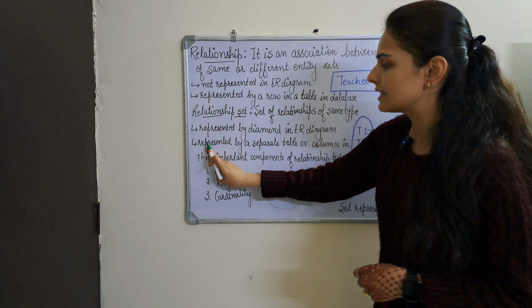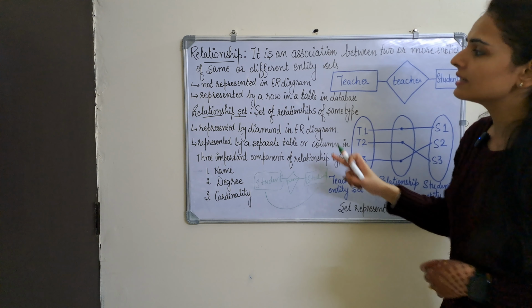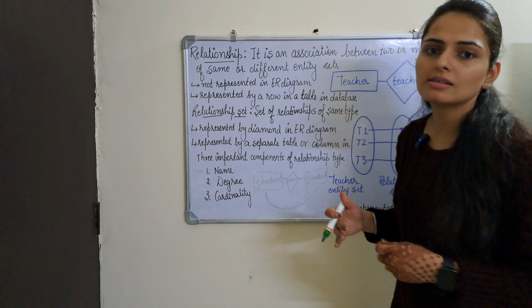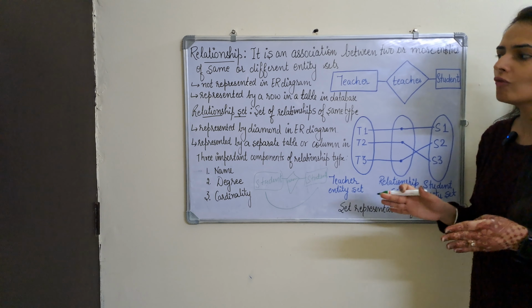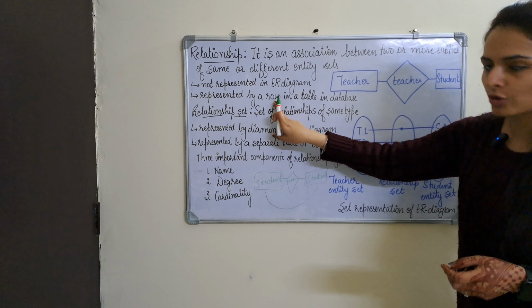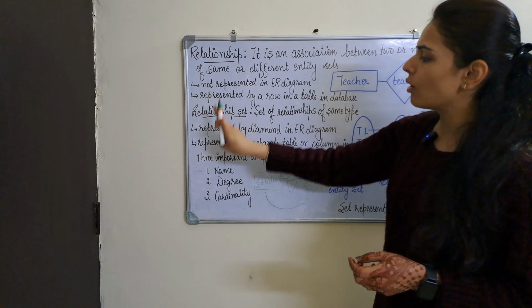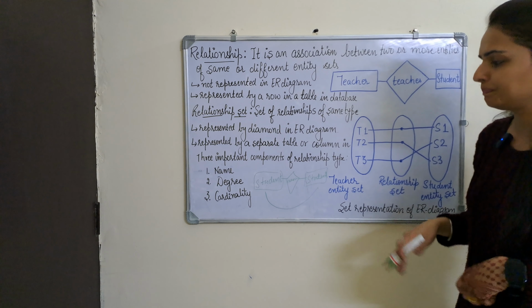However, relationship sets are represented by a separate table or a column. We'll see this in depth when we discuss ER diagram conversion to relational models. For now, we just need to know that a relationship is represented by a row in a table in the database, whereas relationship sets are represented by a separate table or a column.